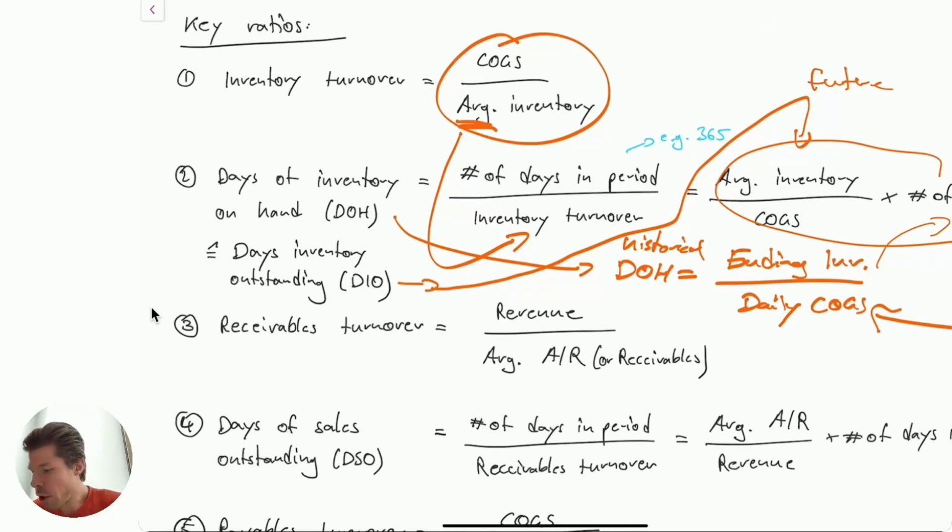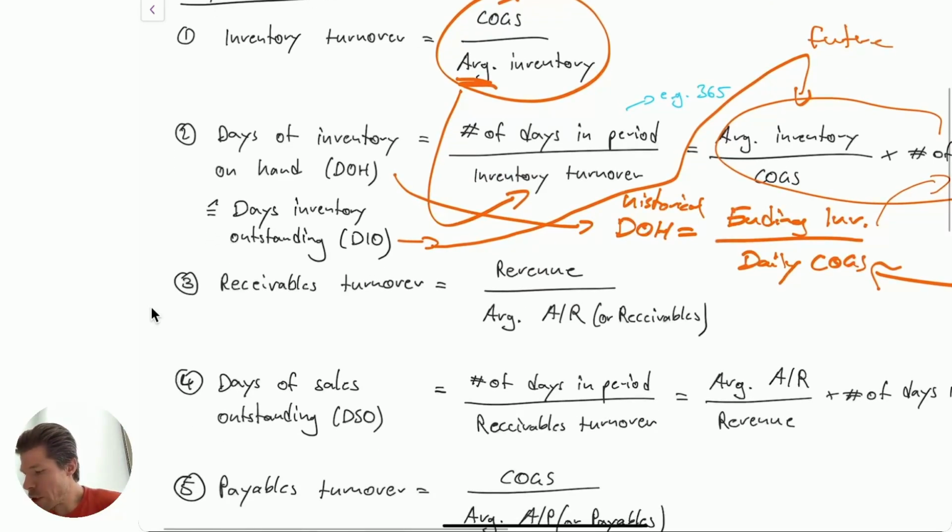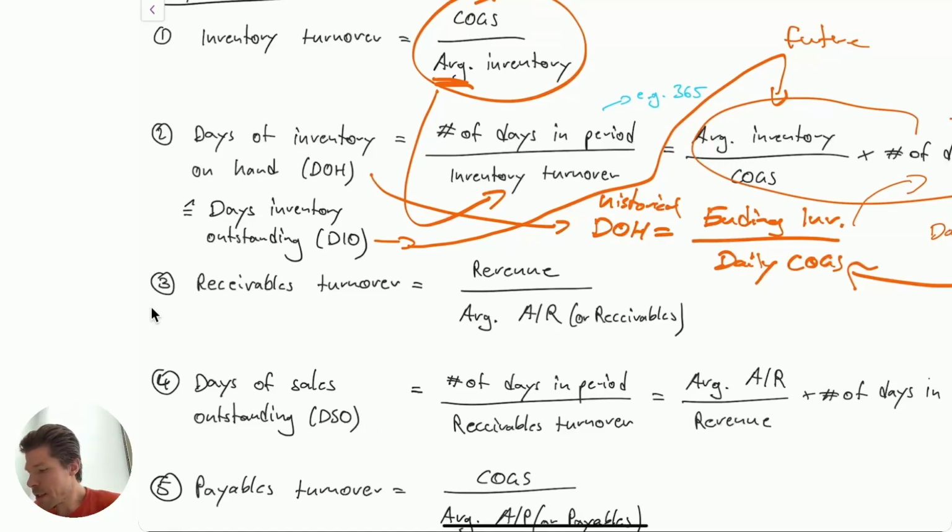Next one, we talk about receivables turnover and days of sales outstanding, DSO. Receivables turnover is revenue divided by accounts receivables or trade receivables. It would be more appropriate to use not revenue but sales.